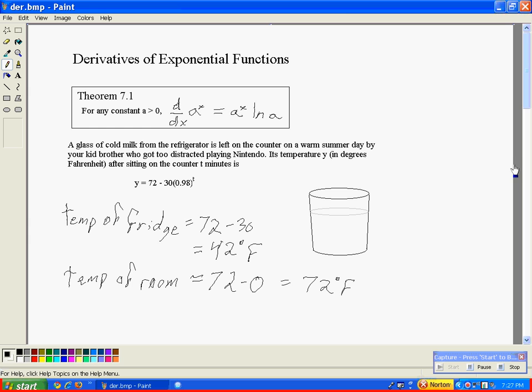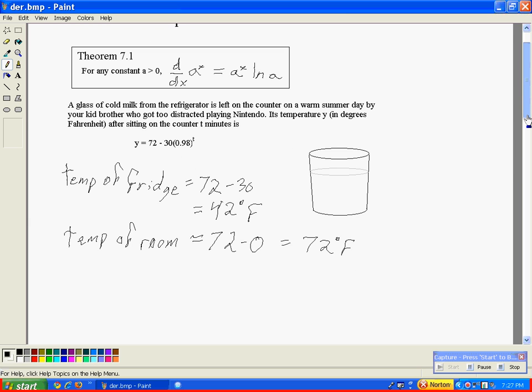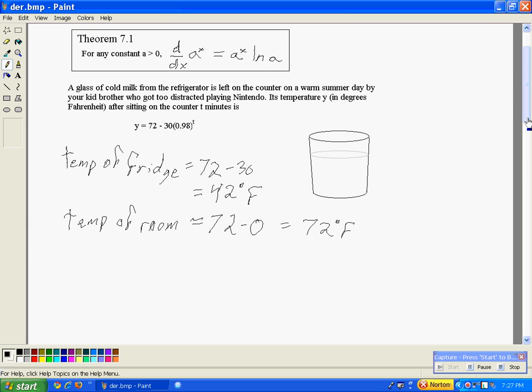Now, we might want to ask ourselves, when does the milk warm up the fastest? Is it right after you pull it out of the fridge? Or is it after some time? You pull it out of the fridge and you think, oh, it doesn't matter, I don't have to rush to bring it back to the fridge.